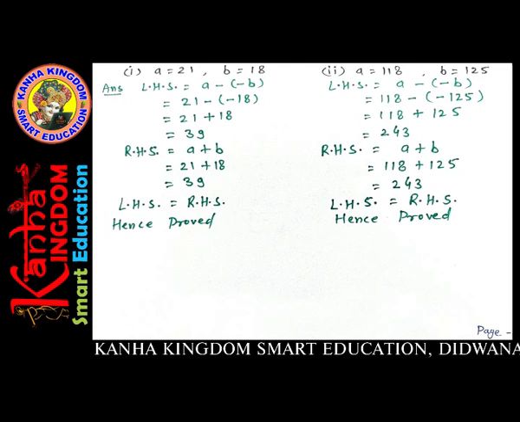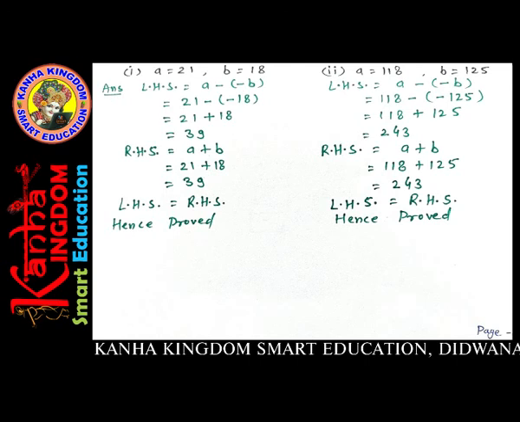The left hand side, a minus b, putting the values of a and b. 21 minus 18, minus into minus is equal to plus. 21 plus 18 is equal to 39. Right hand side a plus b, putting the values of a and b. 21 plus 18 is equal to 39. So left hand side is equal to right hand side.